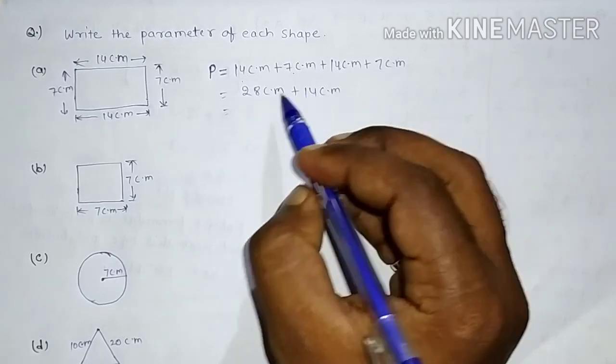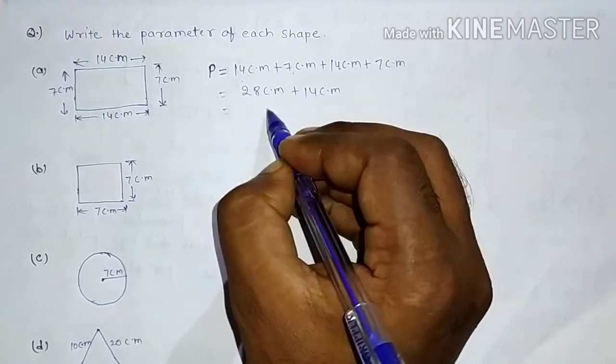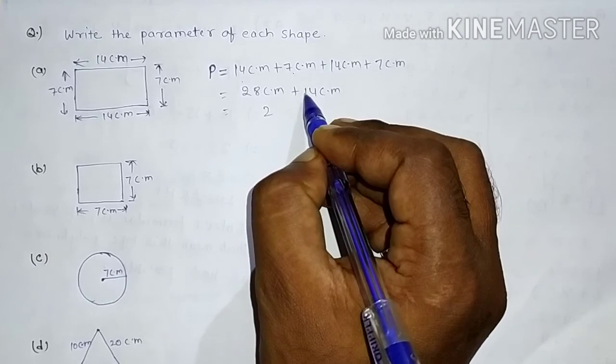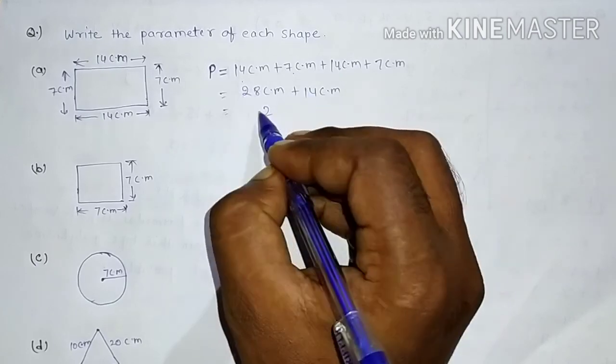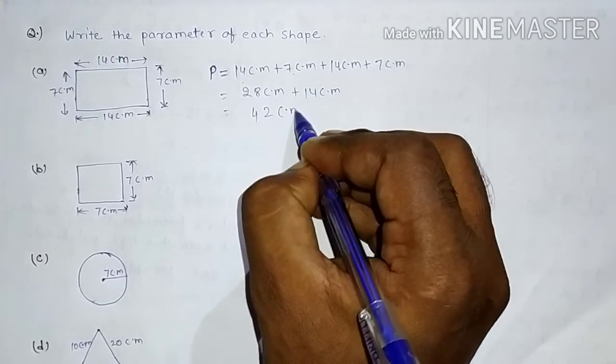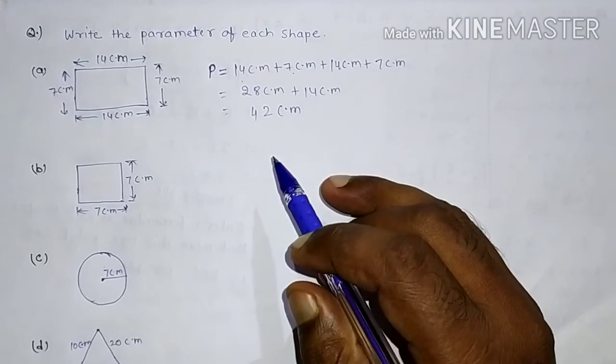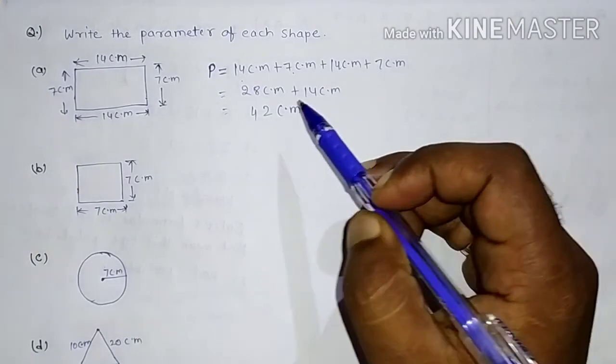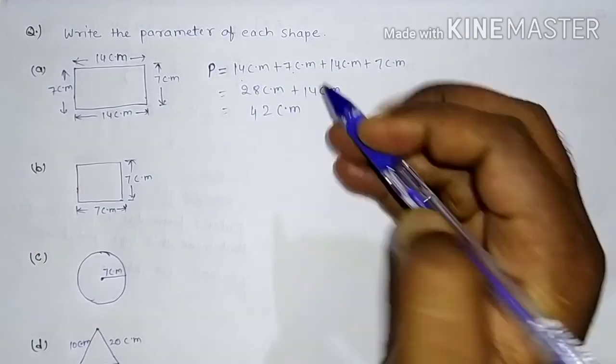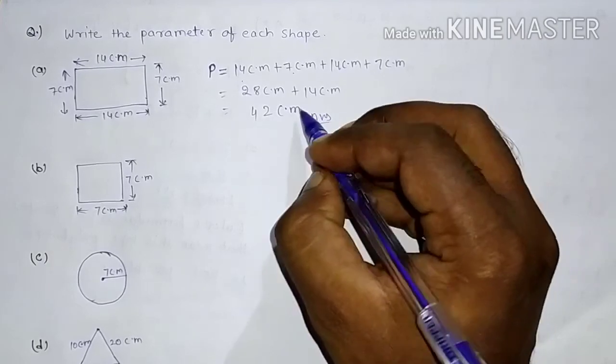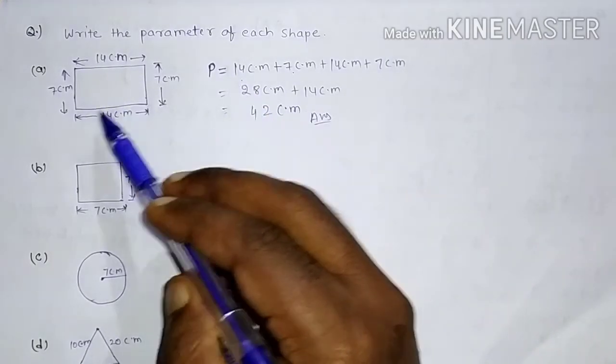Now just add this. 8 plus 4, 12, 2 carry 1, 1 plus 2 is 3, 3 plus 1 is 4, 42 centimeter. Now it's very simple. This is the answer, 42 centimeter. This is the perimeter of a rectangle.